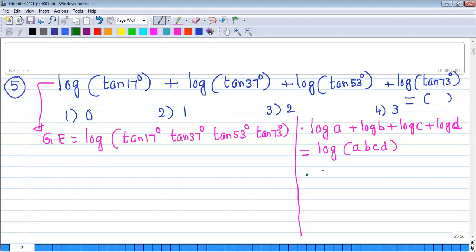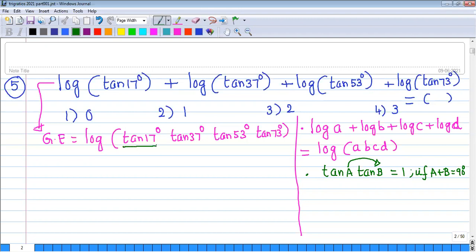Tan A into tan B equals 1 if A plus B is equal to 90. Add these two angles; if you get 90, then the product of the two tangents is 1.